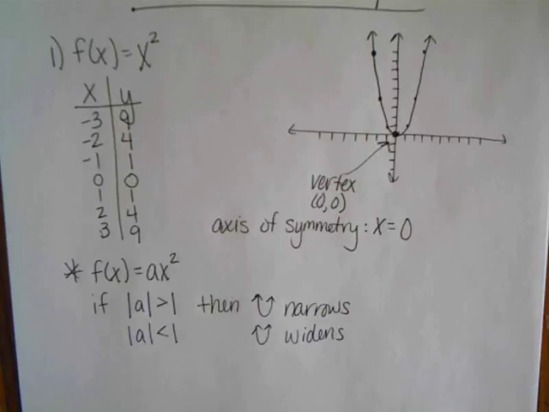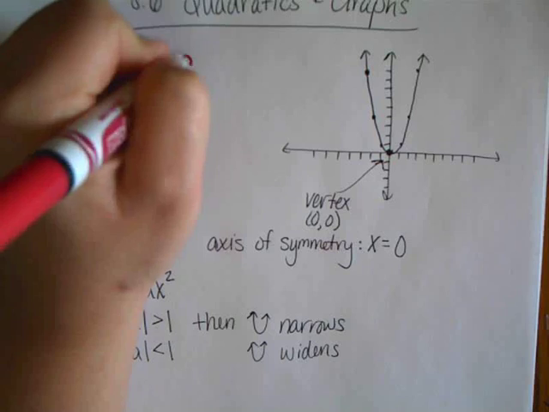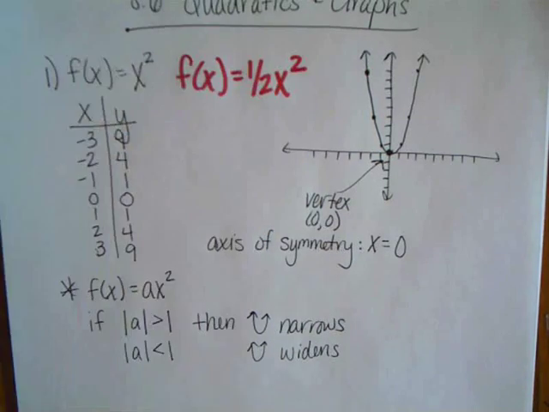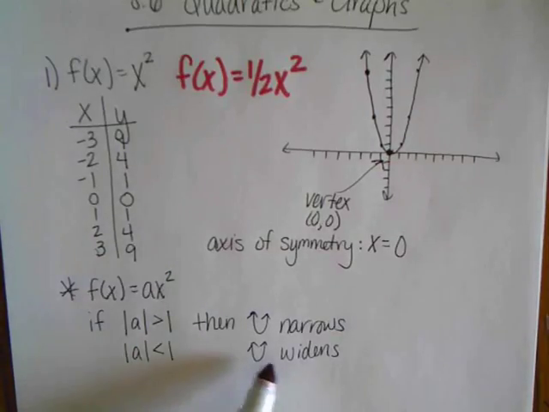So now, if I go ahead and look at a couple other graphs, I would recommend color coding them. So pause now if you need to grab some colors. But we do see that f of x equals 1/2 x squared. So my pink graph is going to be 1/2 x squared. And if I look at 1/2, that is less than 1. So it does tell me I'm going to have a wider graph.